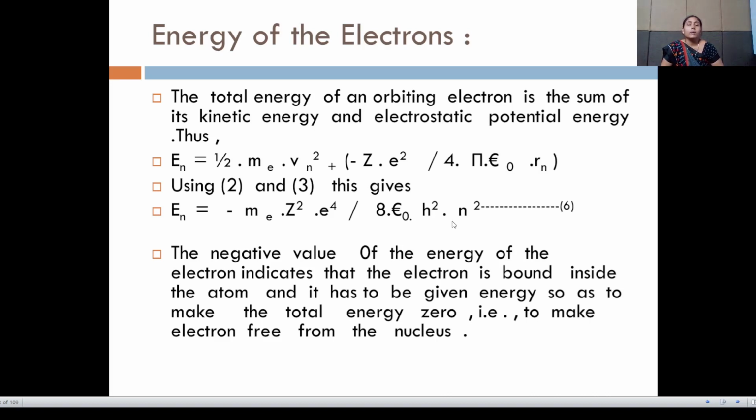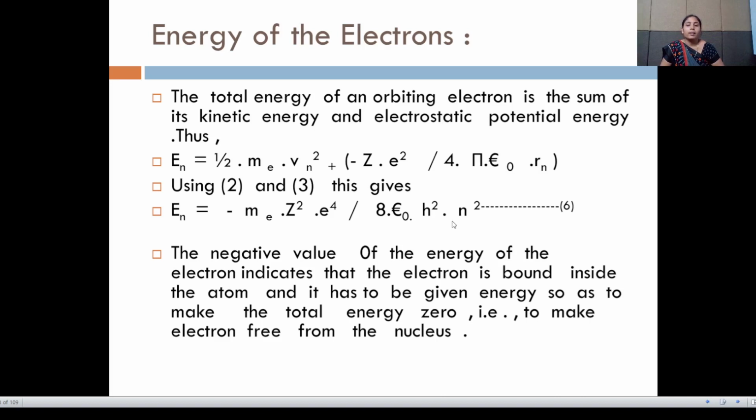The negative value of the energy of the electron indicates that the electron is bound inside the atom, and it has to be given energy so as to make the total energy 0.